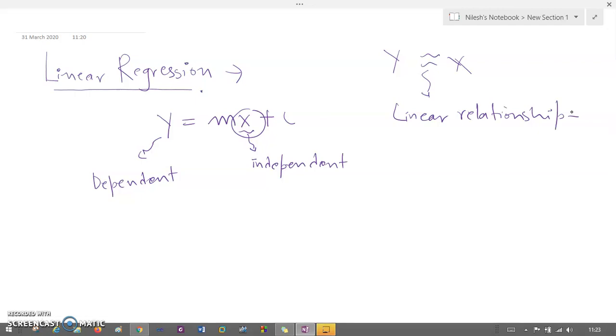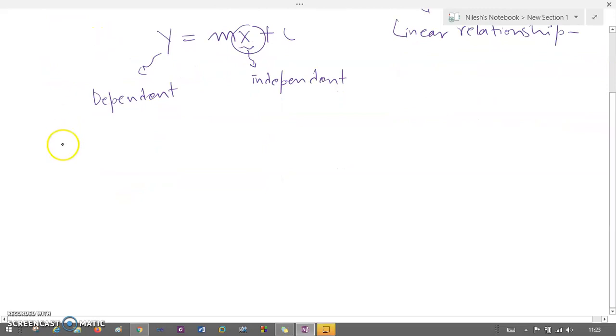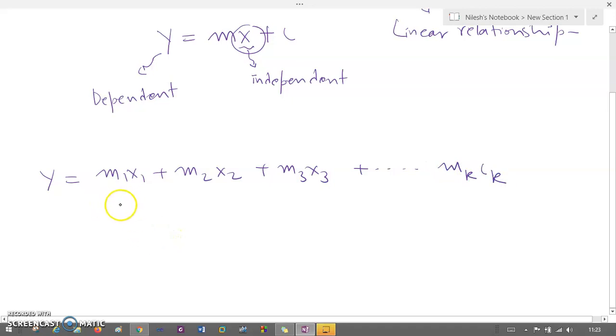And if we go for multivariate analysis, then your equation is going to change from a single variable to a multivariate equation. So it is going to be like m1x1 + m2x2 + m3x3 + ... + mkxk.